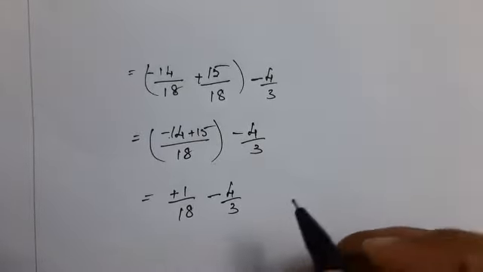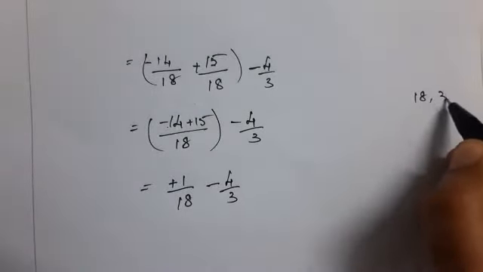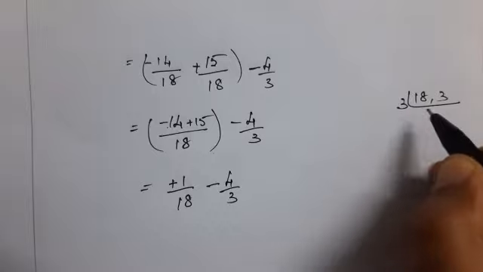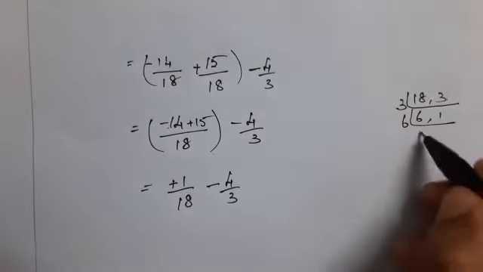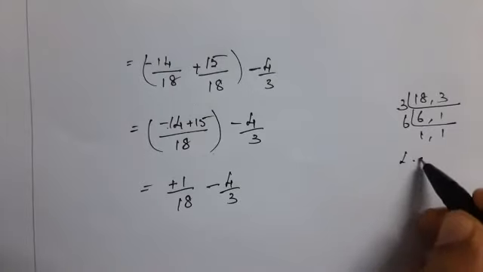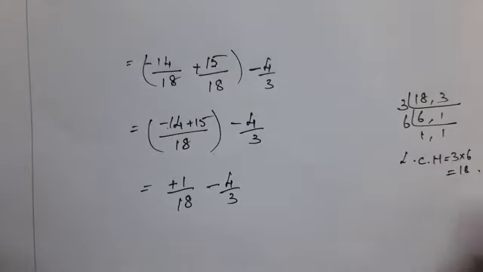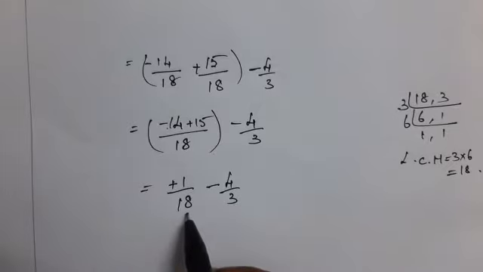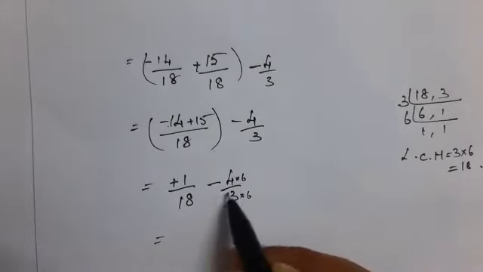Minus 4 by 3. Find the LCM of 18 and 3. LCM is 18. 3 into 6 is 18.